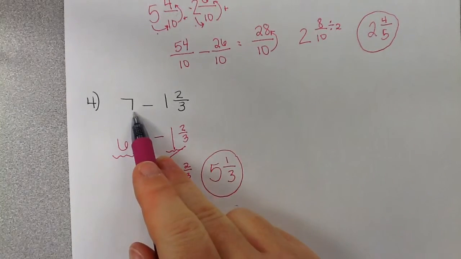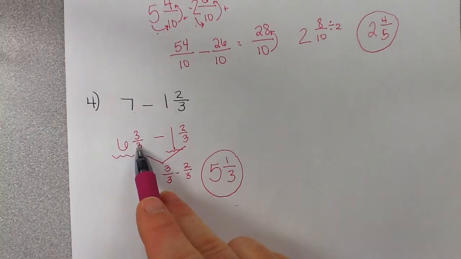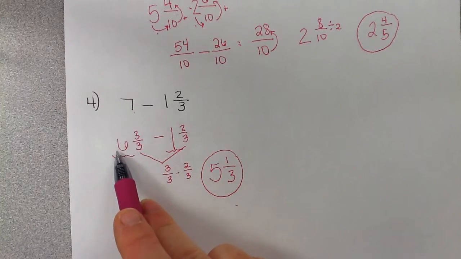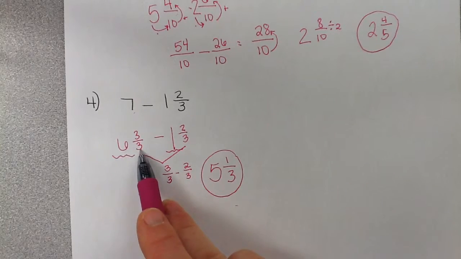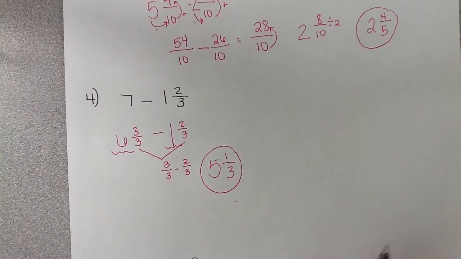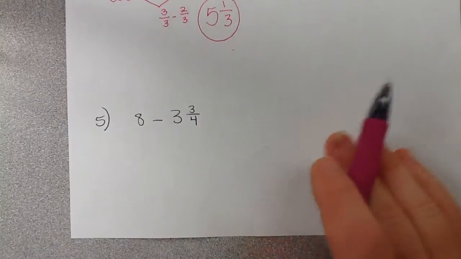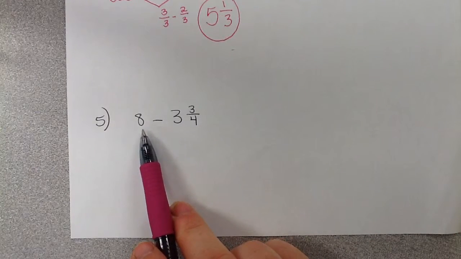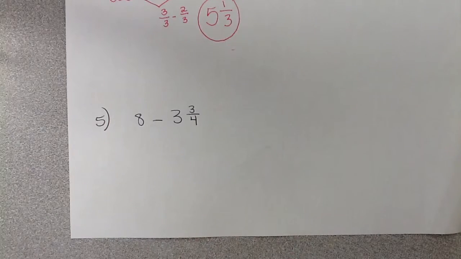So break up 7 so it has a fraction piece, 6 and 1 whole. So you're always going to go down 1 to 6 and you'll leave your whole piece. Go ahead and try this next one on your own. 8 does not have a fraction piece, so break it up as 7 and a whole.